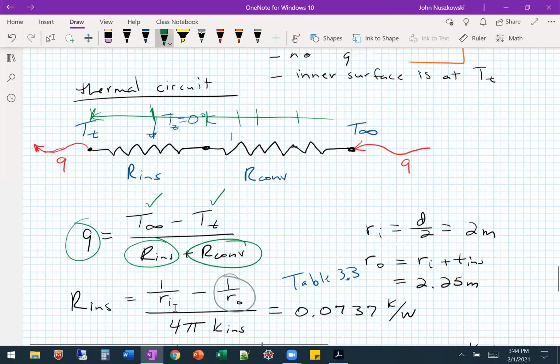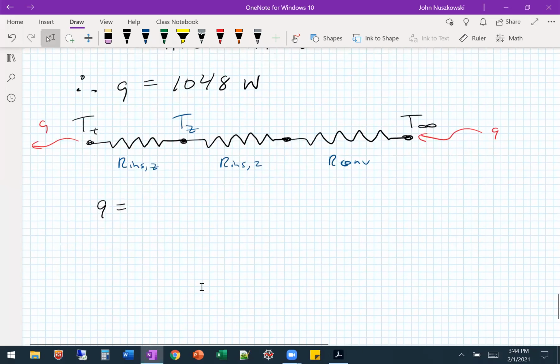Yep, thanks. Okay, so then if we set up our thermal circuit, here I have it from TZ to T tank, as was mentioned. You could also do it from here to here, but it just adds another resistance, R convection. We can do it either way and set up the equation to solve.